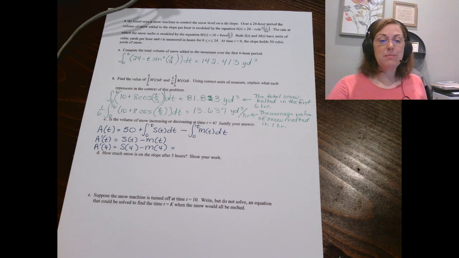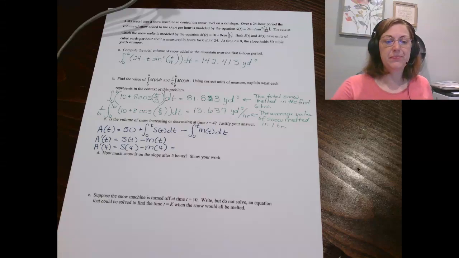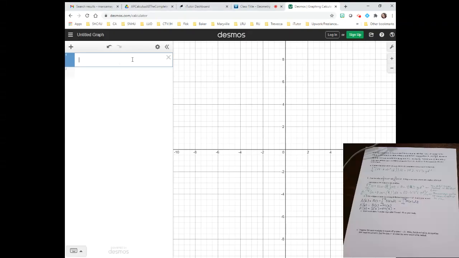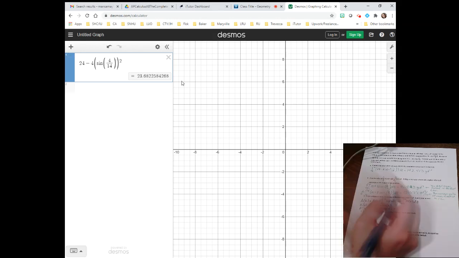So I'm going to go to my graphing calculator and I'm going to type these in. So s of t, and I'm putting in 4. Okay, that's s of 4.